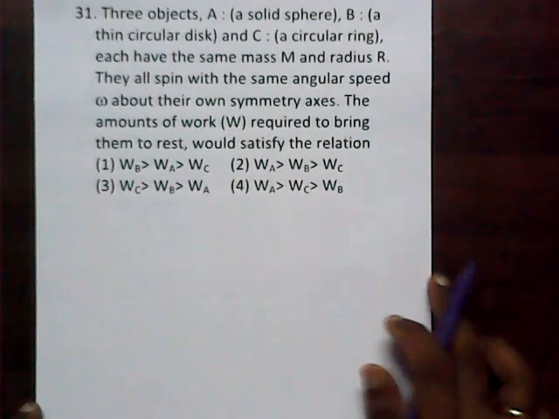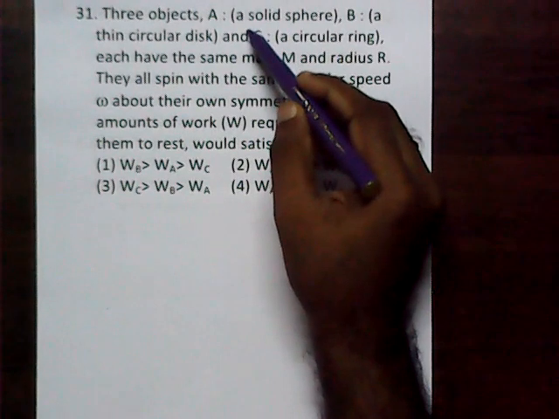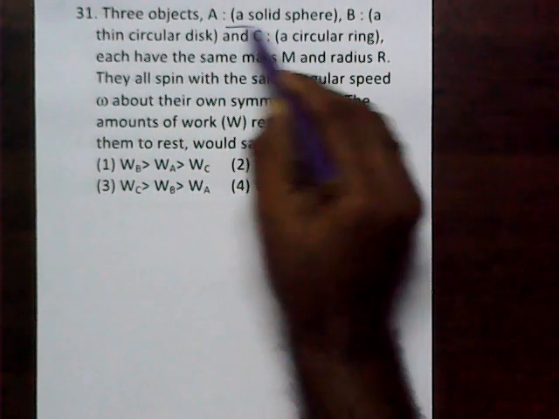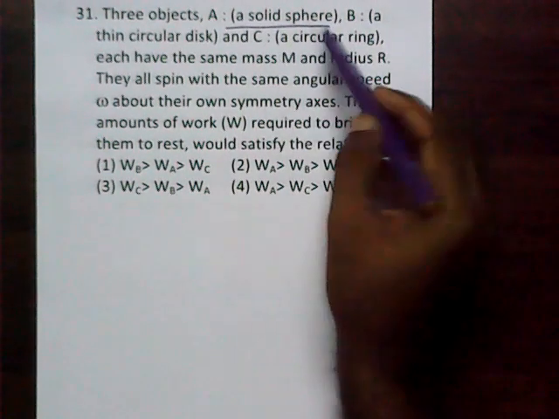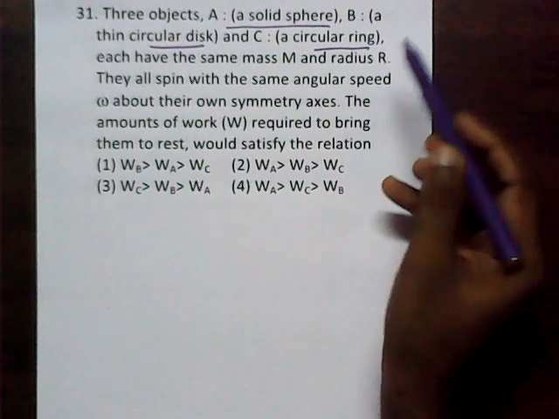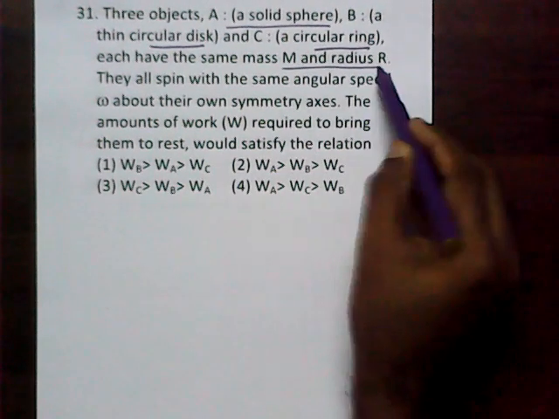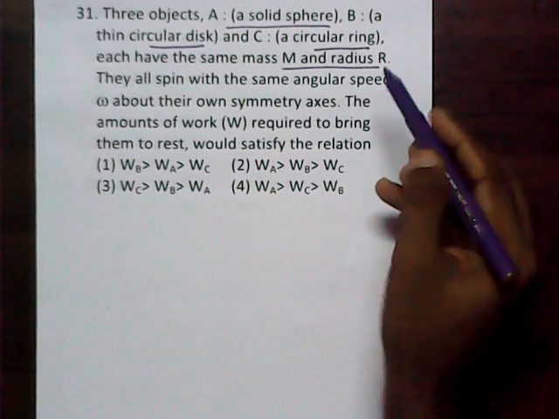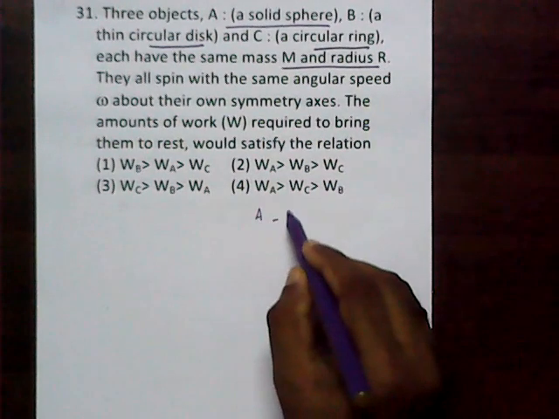Three objects, A solid sphere, B a thin circular disk, and C a ring, have the same mass and radius r.